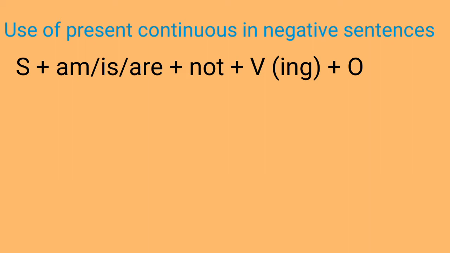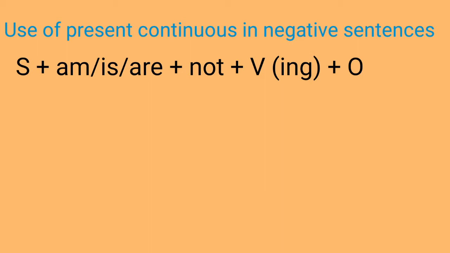We use the same structure as for making positive sentences of present continuous tense. Just for making negative, you will use not with am or is or are. Then as usual, verb ing form and then plus object.